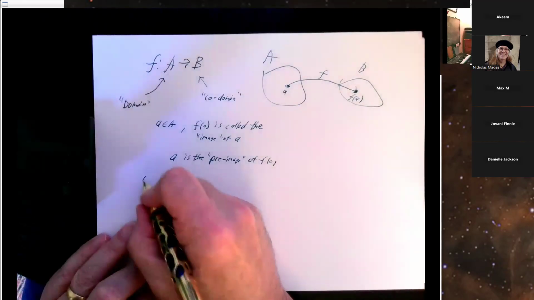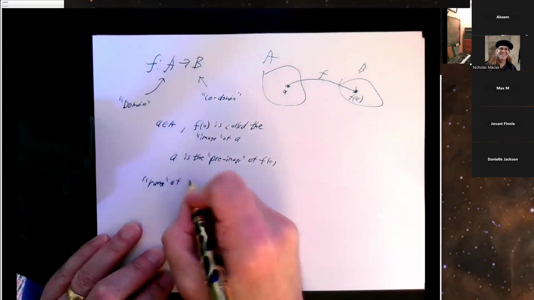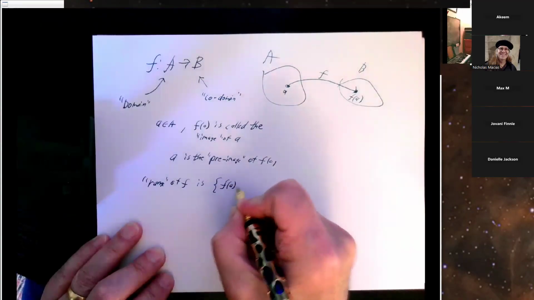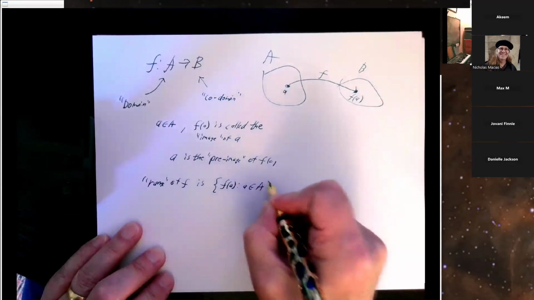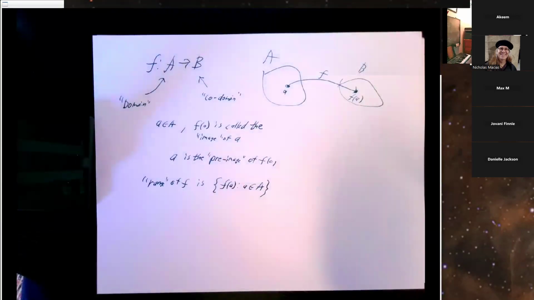And the range of f is the set of all f of a, such that a comes from the set A. So the range of a function is the set of all the things that it maps to.